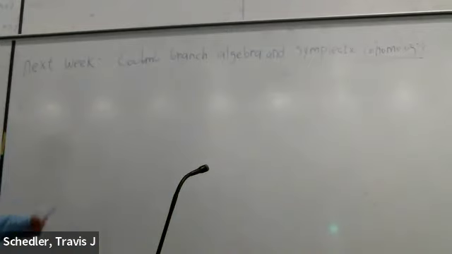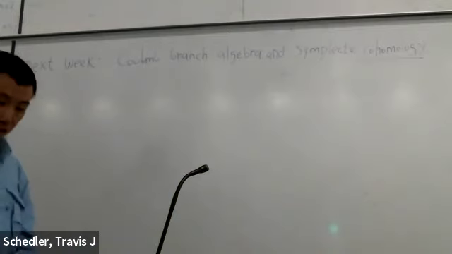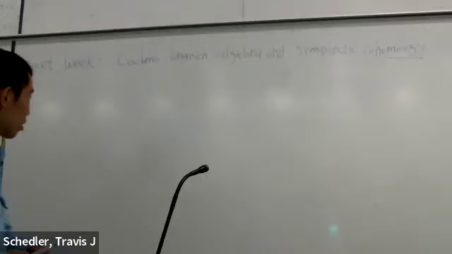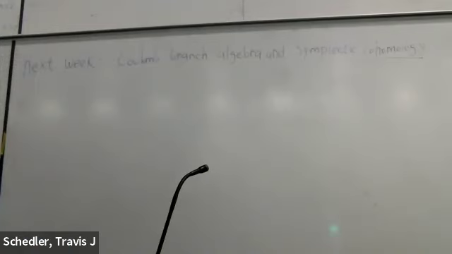Symplectic cohomology is some kind of invariant of an open symplectic manifold or symplectic manifold with boundary. So first, let me just set up what kind of manifold we're working on.